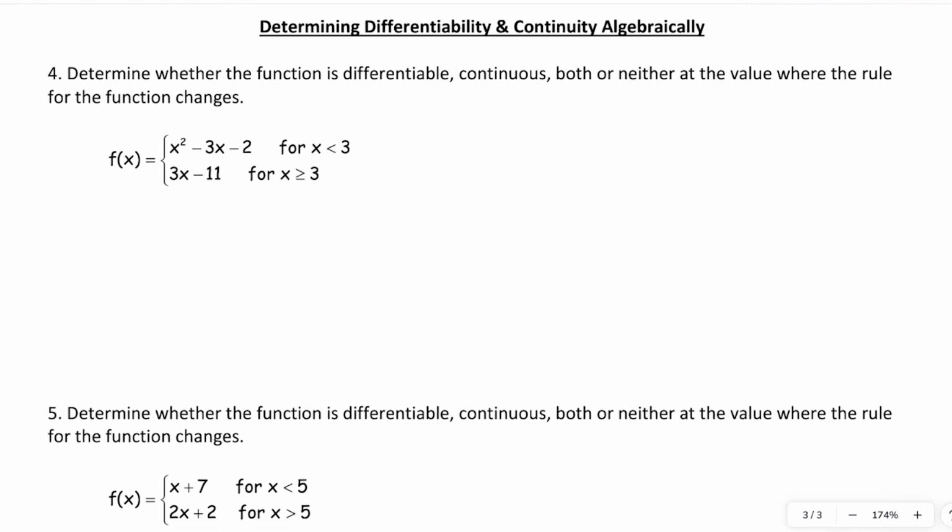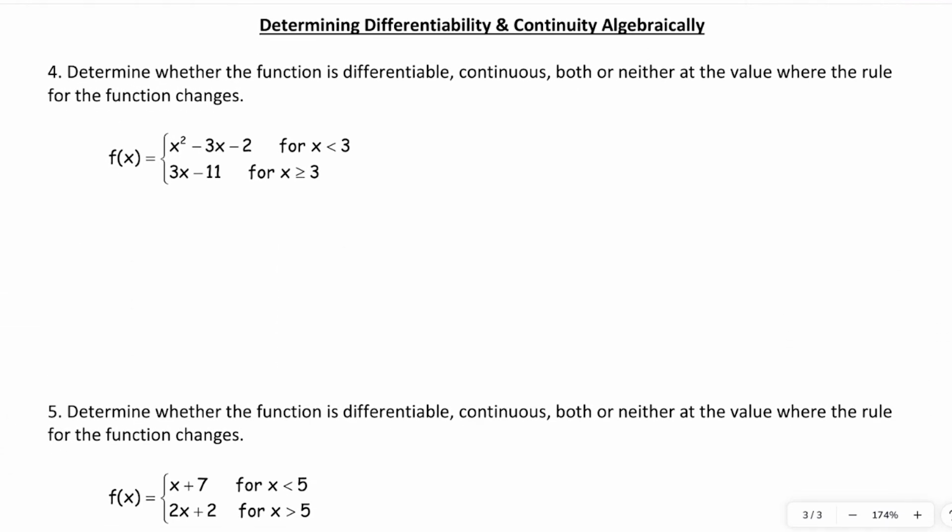Number 4. Now we're going to determine whether these piecewise functions are differentiable or continuous at the point where we're switching from one function to the next. This is something we've done before for continuity. For number 4, how would we determine if this was continuous at x equals 3? How do we know if these two pieces match up?